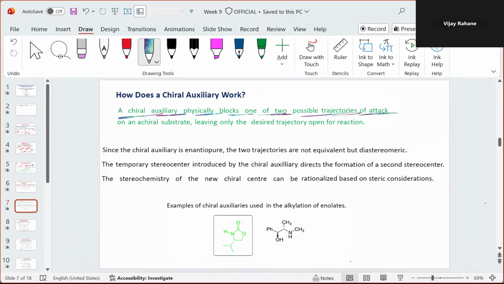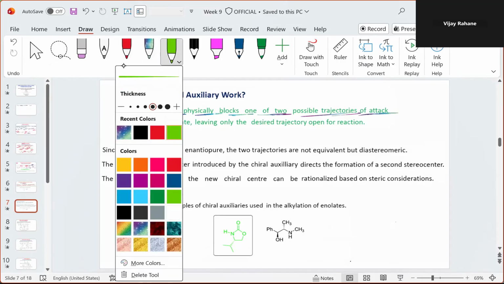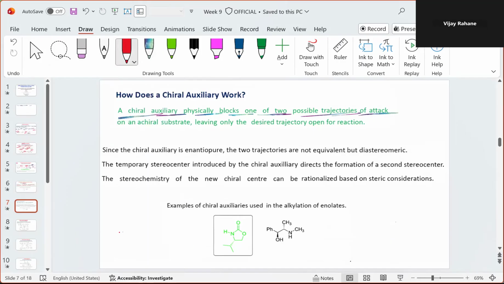So let's say we have this substrate present here. I will write down two different substrates, one in red and one in green, so it will be easy to understand. On this side I have this starting material.